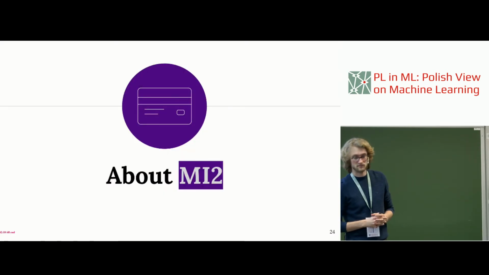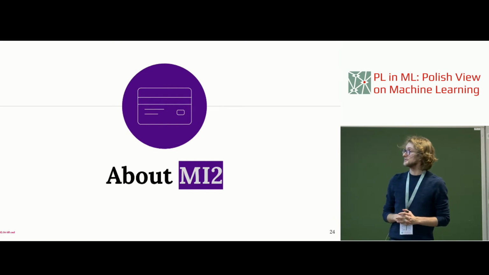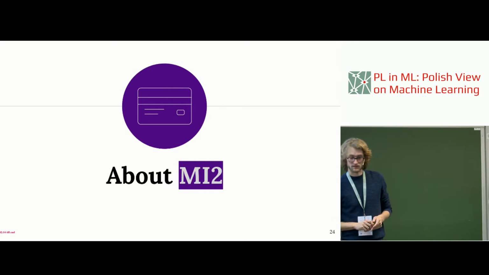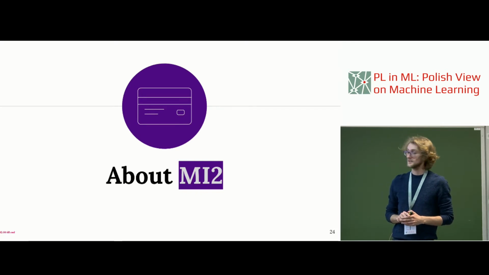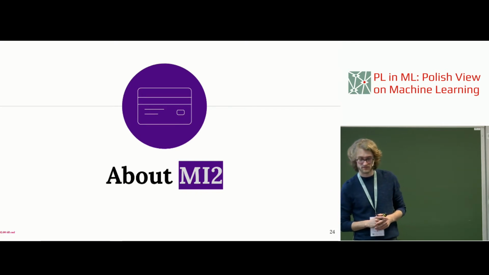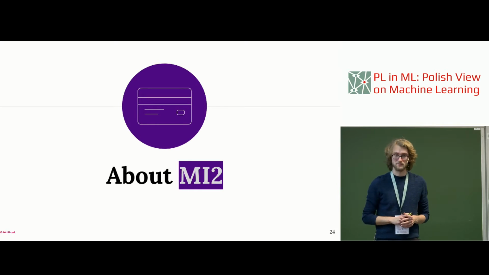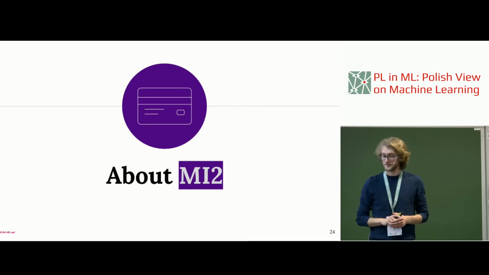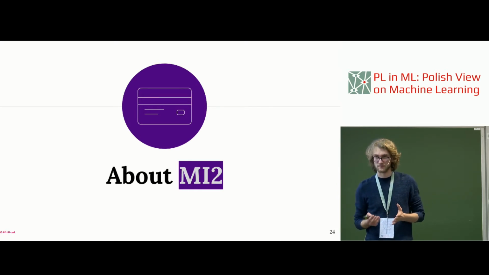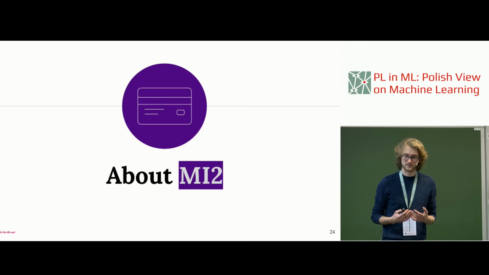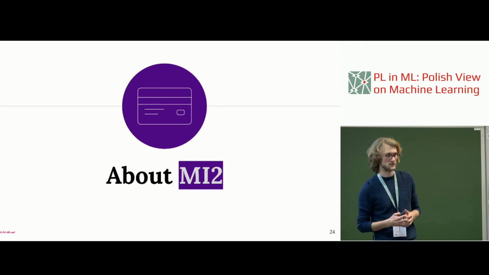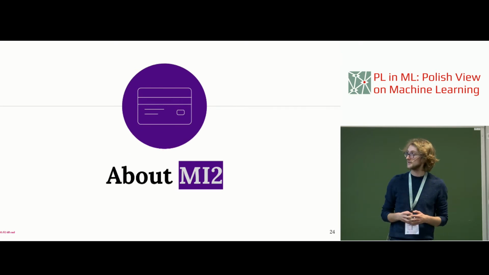As the last part of my talk, I wanted to tell you something about the MI squared group. It was created in 2015 by Przemysław Biecek, and the first part of data analysis that it focused on was exploratory data analysis.